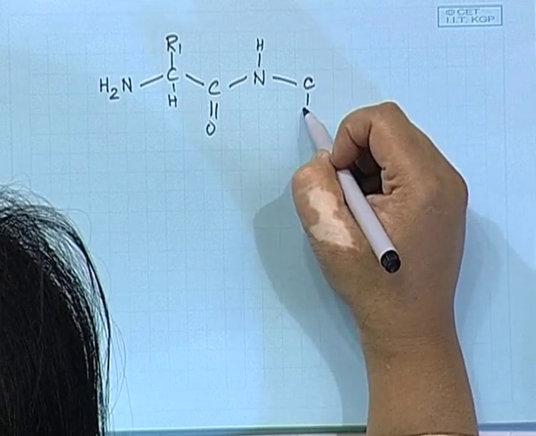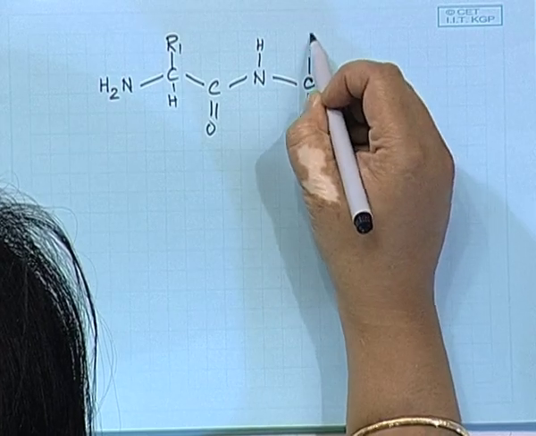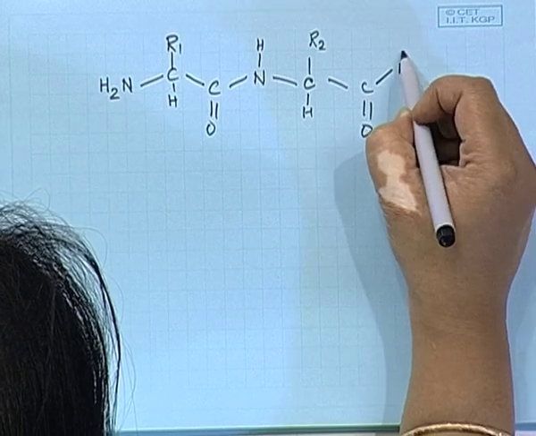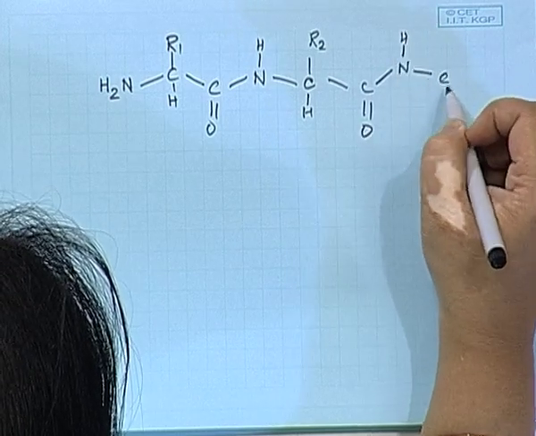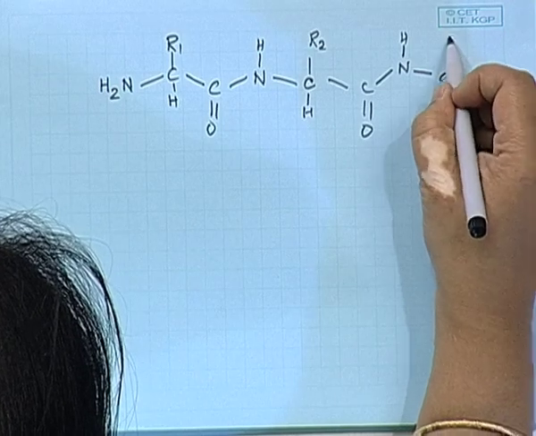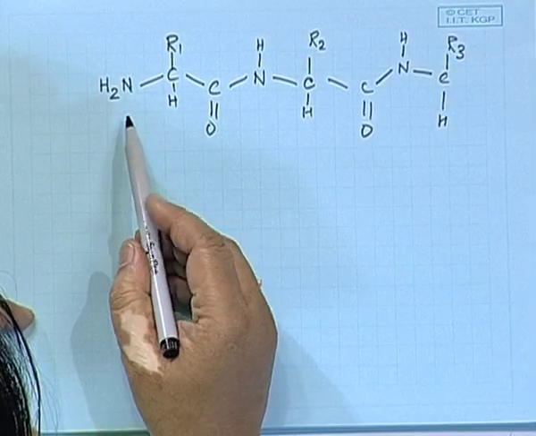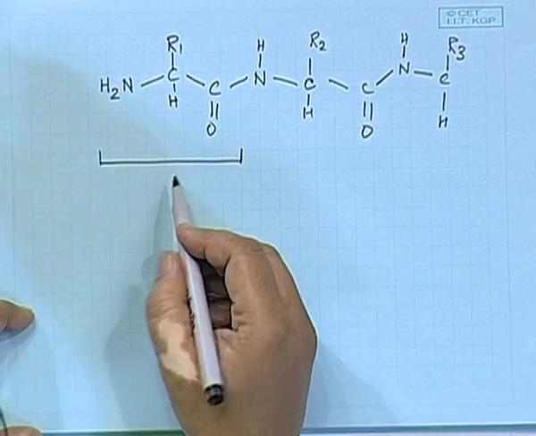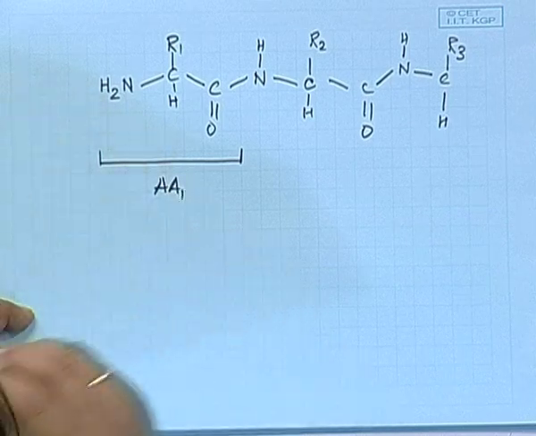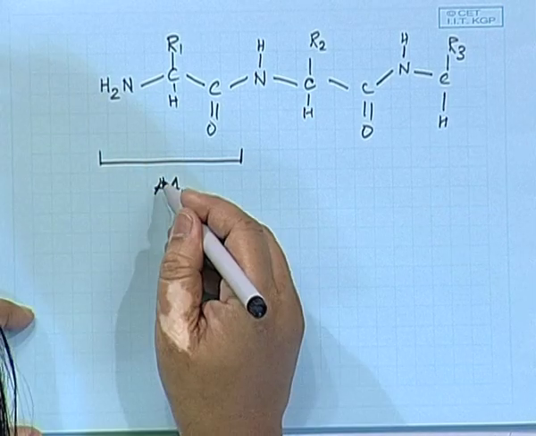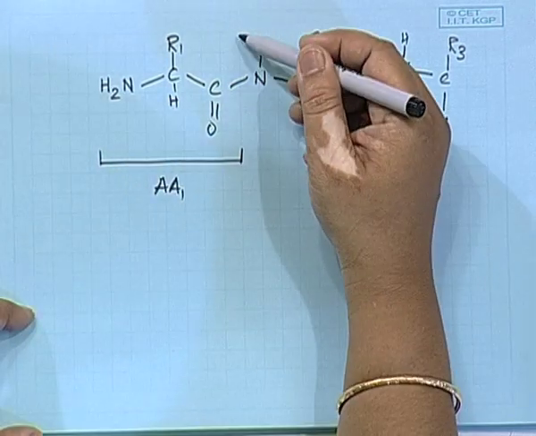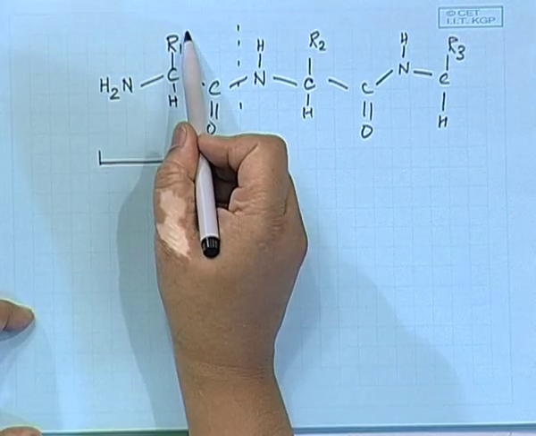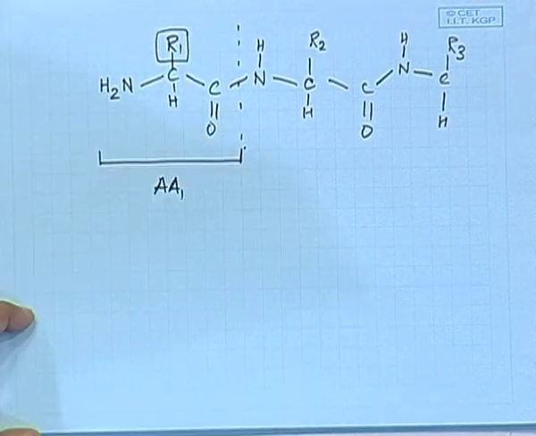We are going to have our second R group here, that is going to be linked to the third R group here, right. So, which is our first amino acid? This much is amino acid number 1, right. What Edman degradation does is it chops off here. So, then you can figure out what this amino acid is.